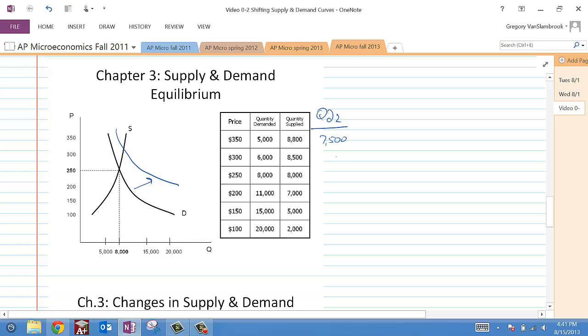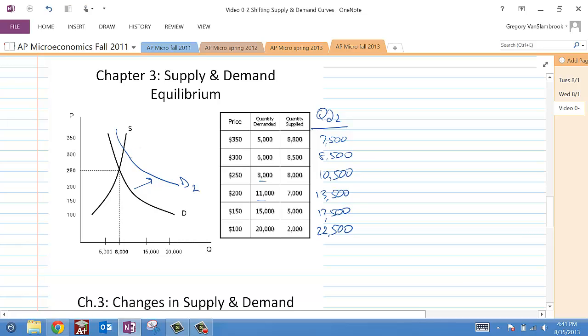Again, these are the same numbers as above. I'm adding 2,500 to each of the demand values. And this curve now is a fairly bad drawing of the numbers I've put over here.